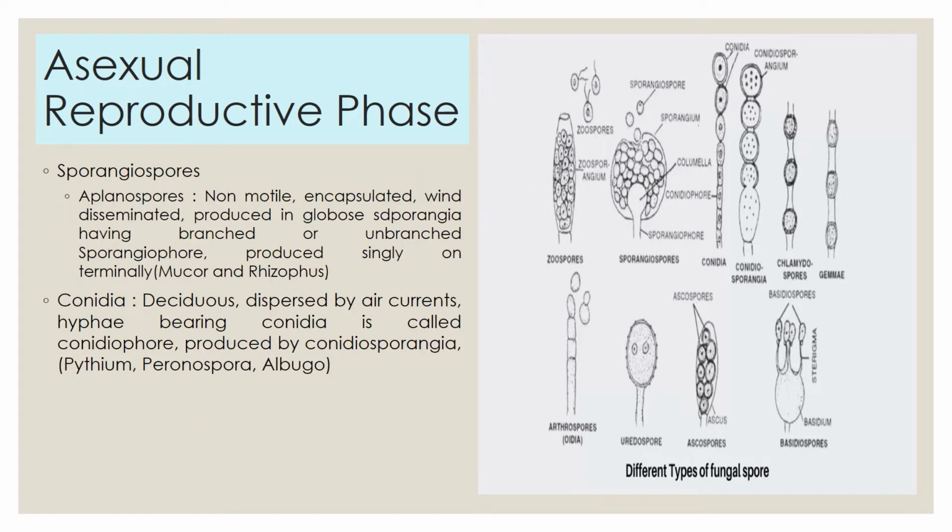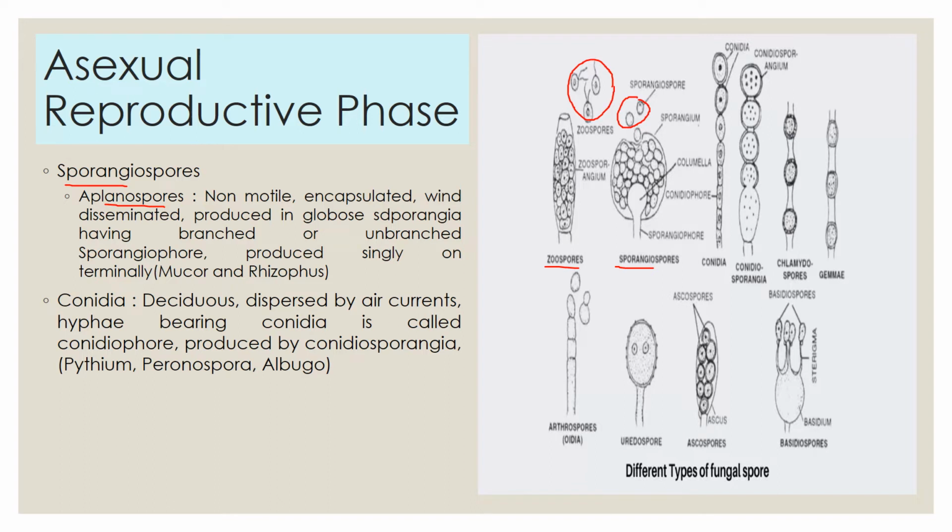The next type of reproductive spore in fungi is the aplanospore. Aplanospore is also a sporangiospore that is produced in a similar fashion to the zoospore. But the difference between the zoospore and the aplanospore is motility. While the zoospore contains flagella and is motile, the aplanospore does not have any motility.